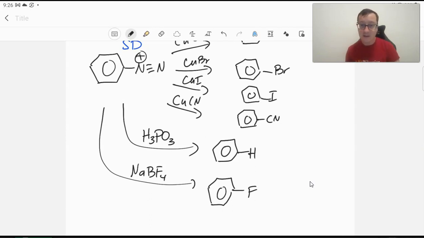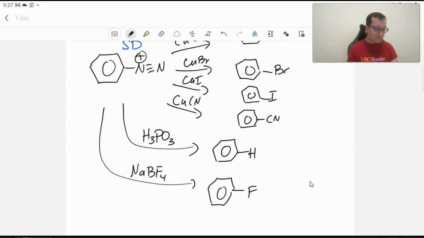Remember, to do NAS, you need an ortho or para strong withdrawing group. With these reactions, they're substituting directly on where the diazonium is. So you don't need anything else on your ring. Your other things on the ring shouldn't interfere with this anyway. So it's a great way to install it at a particular position without having to worry about having other groups to direct things.